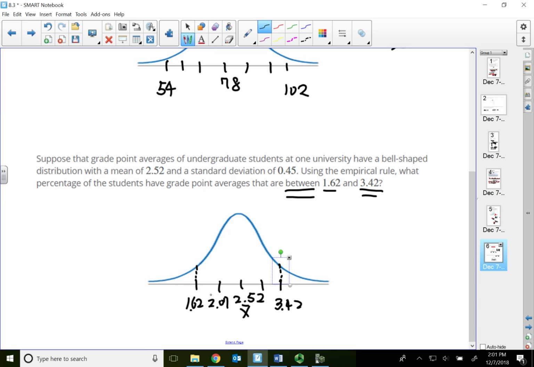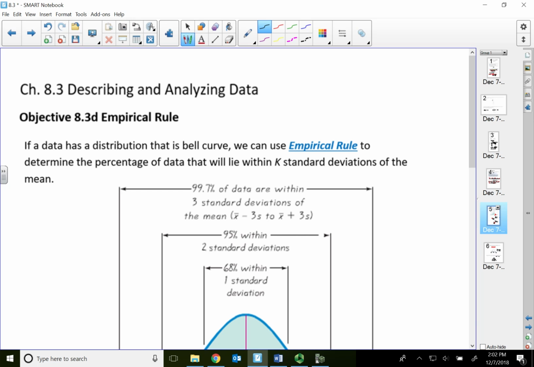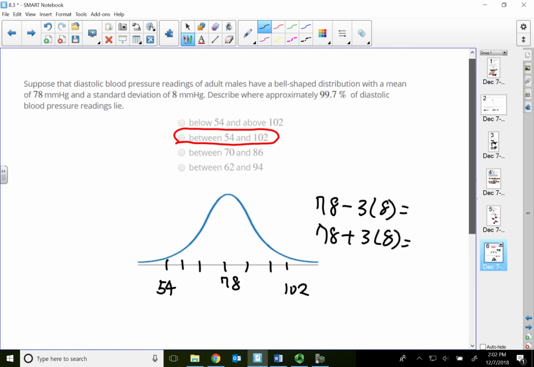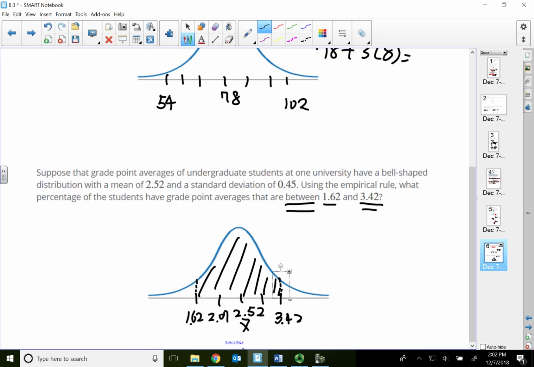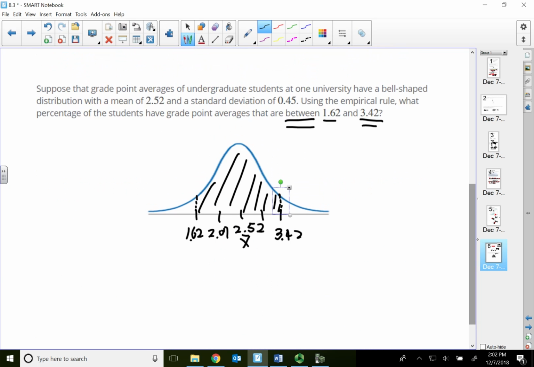So 1.62 to 3.42, each one is 2 standard deviations above and below the mean. So 2 standard deviations will be 95%. So that would be my answer. So 95% of students have a GPA of 1.62 to 3.42.